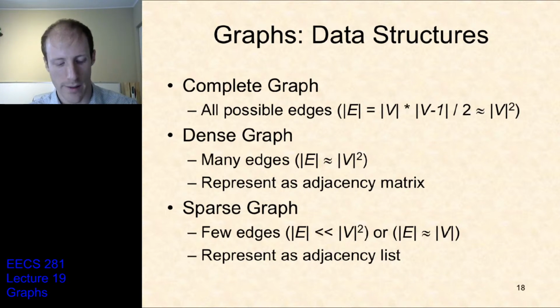We can also talk about a dense graph, which is one where maybe it's not quite complete, but it still has enough edges that the number of edges is proportional to V squared.